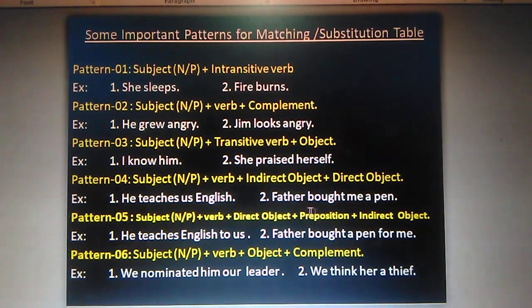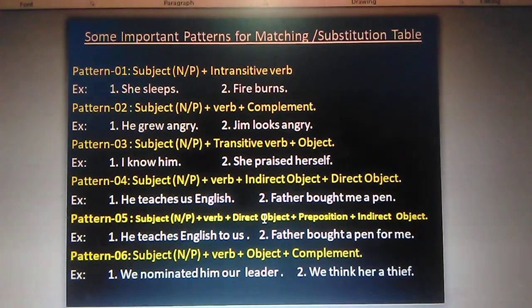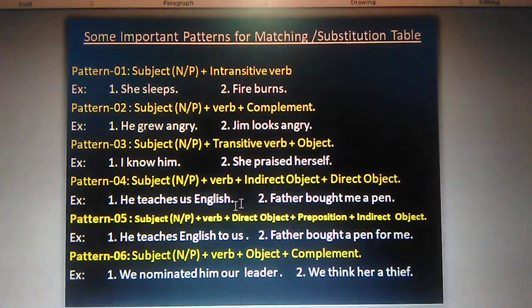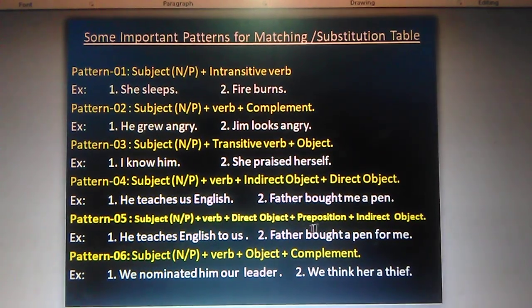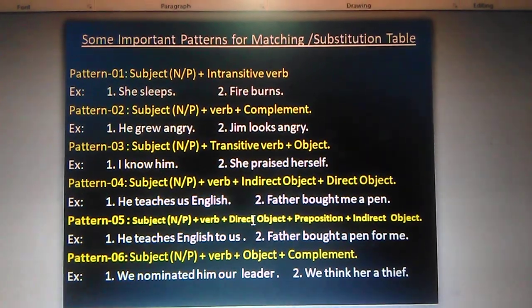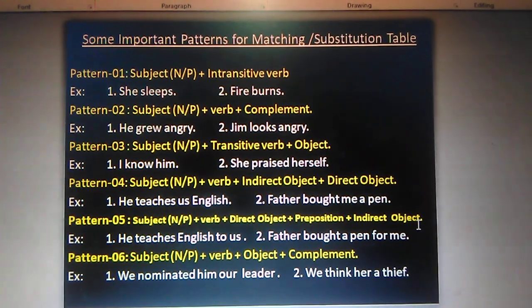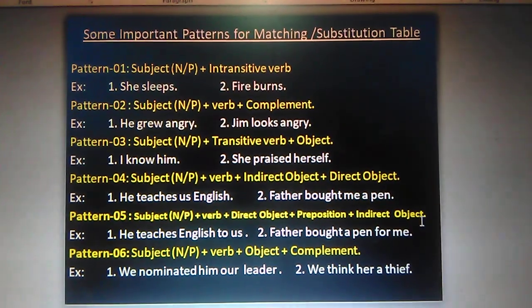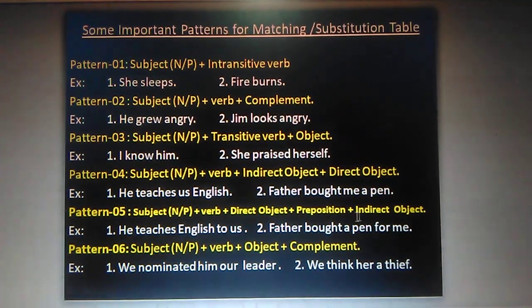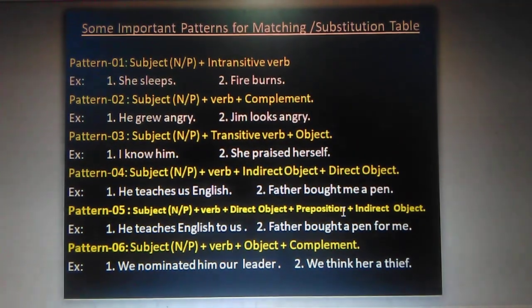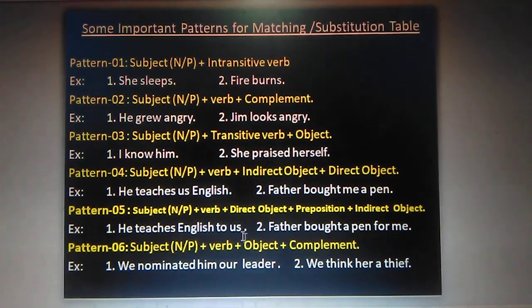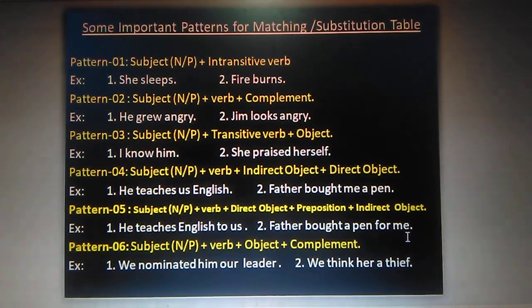If we change the place of indirect and direct, that means in pattern 4, the indirect object is mentioned first, but in pattern 5, we mention the direct object first, then the indirect object. So if we interchange the place of the direct and indirect, then we have to put a preposition between them. He teaches English to us, and father bought a pen for me.